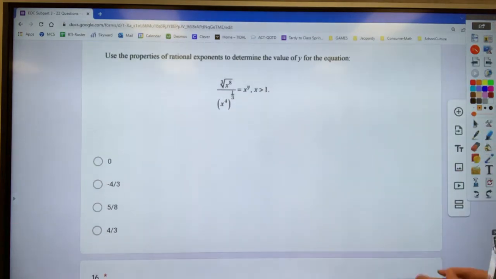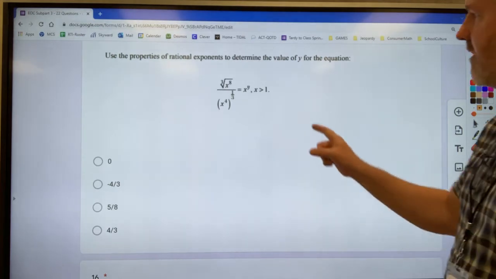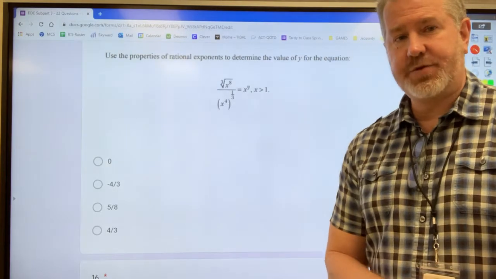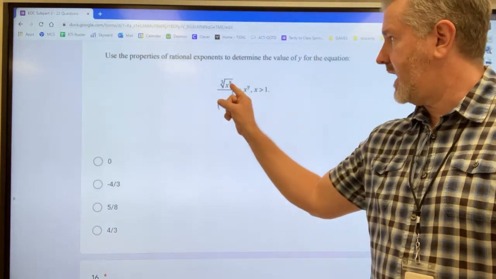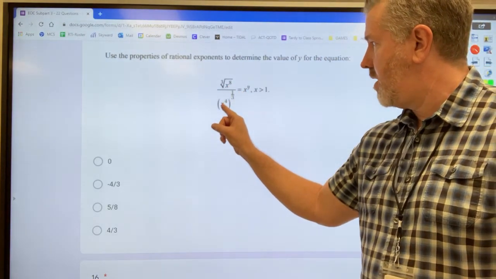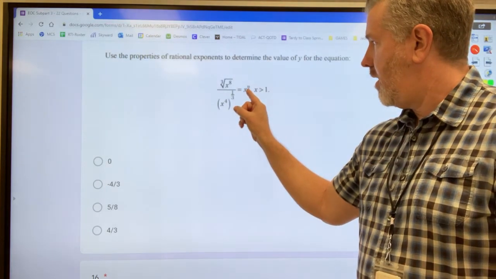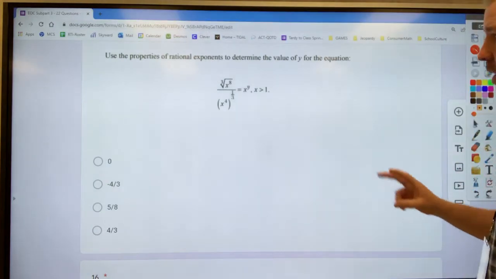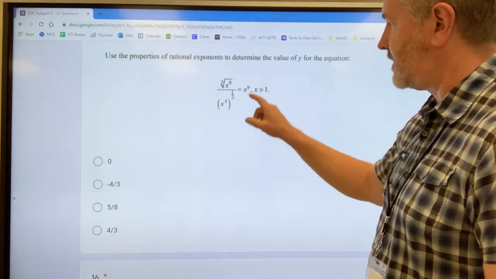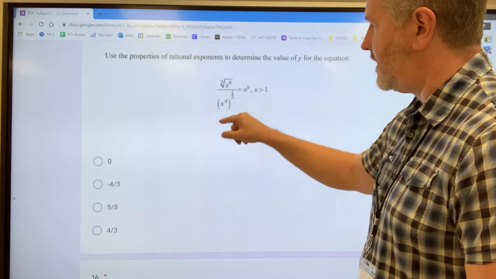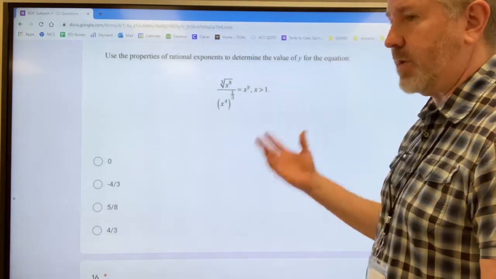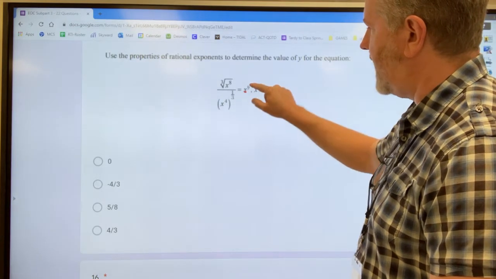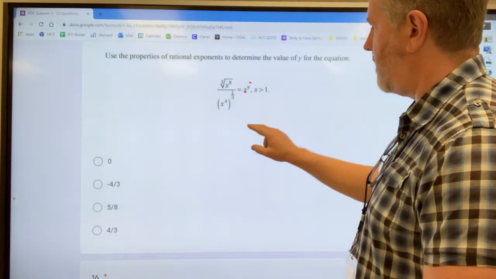Properties of rational exponents. We're going to determine the value of y for the function. Now, I will tell you that the 5 trick will work for this. You can plug in 5 here and here and here and see if we can get an equal value here. But the actual way to solve it is to change all of these into exponents that we can deal with, and then get x equal to x on both sides, and then our exponents will be equal.